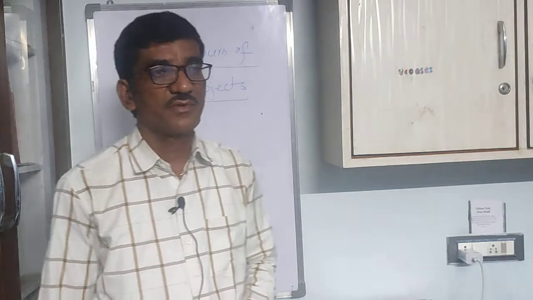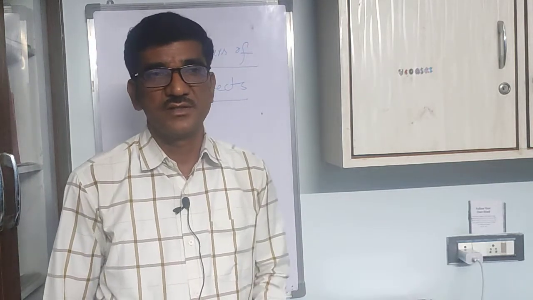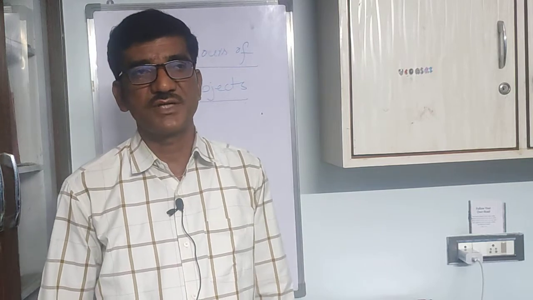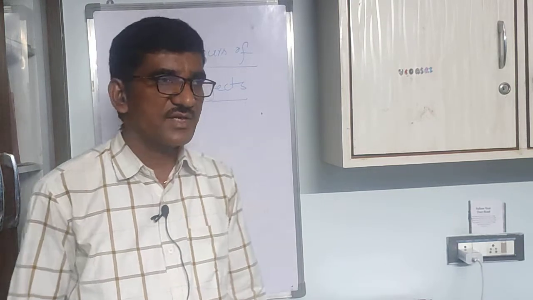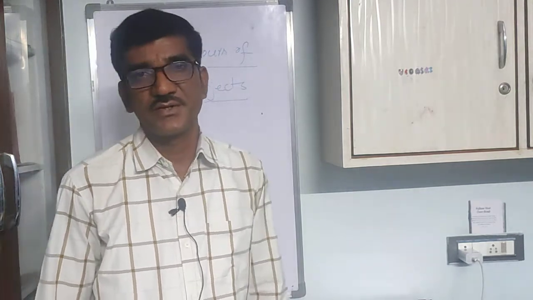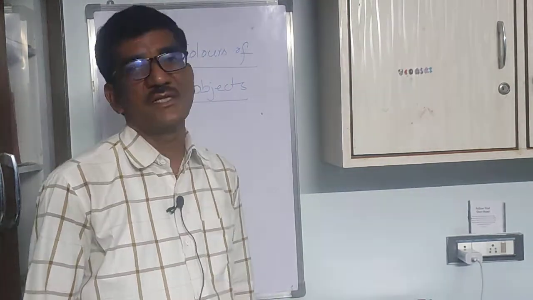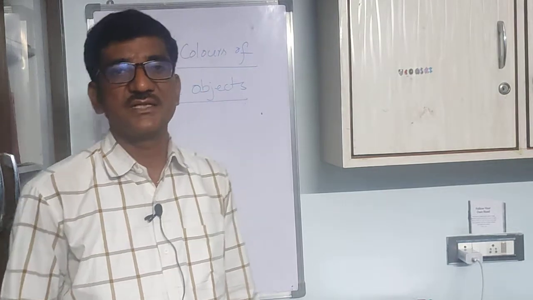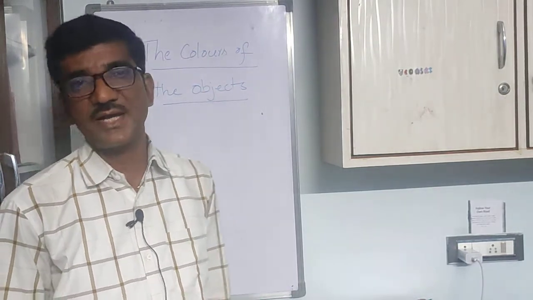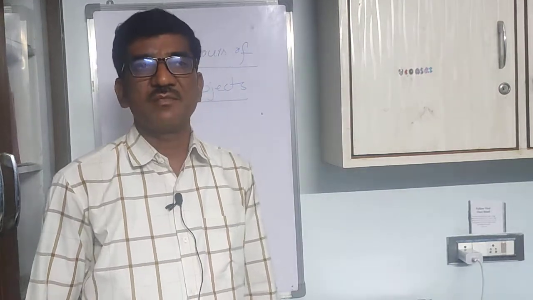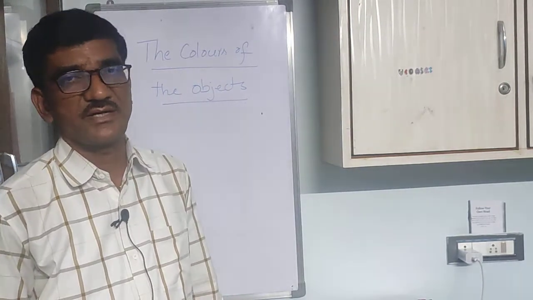What makes things appear to us? The basic thing is, whenever we want to see some object, we always need to have light. We throw some light on the object, and that object throws the light back to our eyes, and an image of that object is formed on our retina.